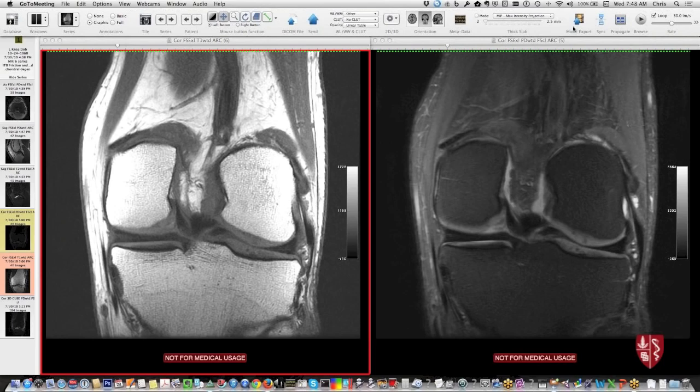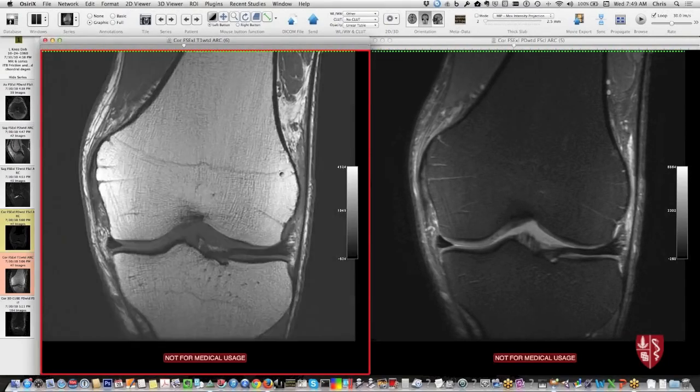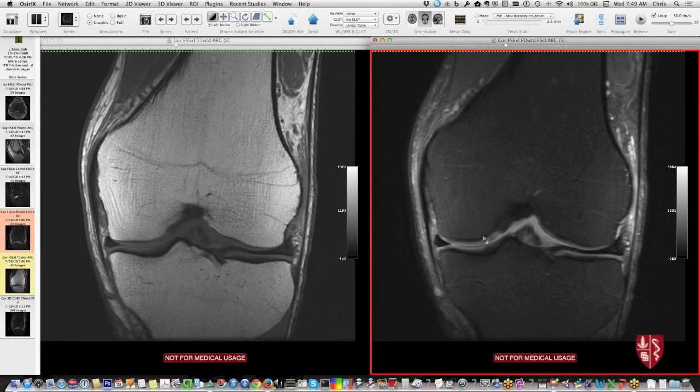Okay. So going through the coronal, we went through ligaments, went through menisci and fluid, and next thing I tend to go through, in concert with going through the menisci, is the tibiofemoral cartilage surfaces, which are right along there.